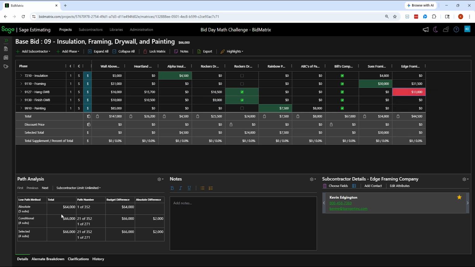Now you notice that the system says $64,000 is still the low combination, but right now, because of the conditions I've got on, $66,000 is the low, because it increased $2,000 since that bid was $2,000 lower than my next combination.